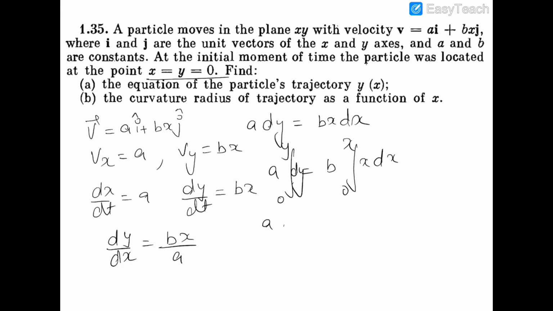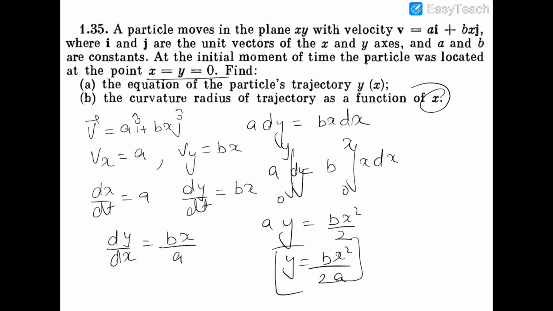So it is a y and it is bx square by 2. So y is equal to bx square by 2a. This is the equation of trajectory.